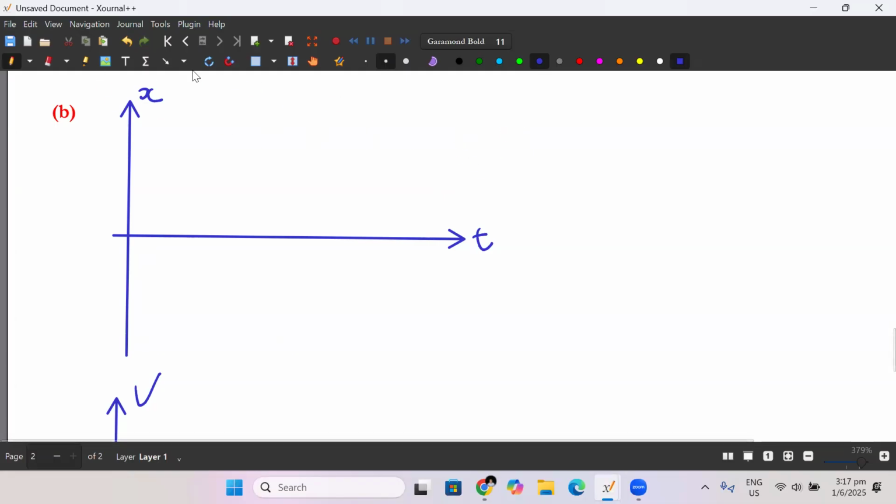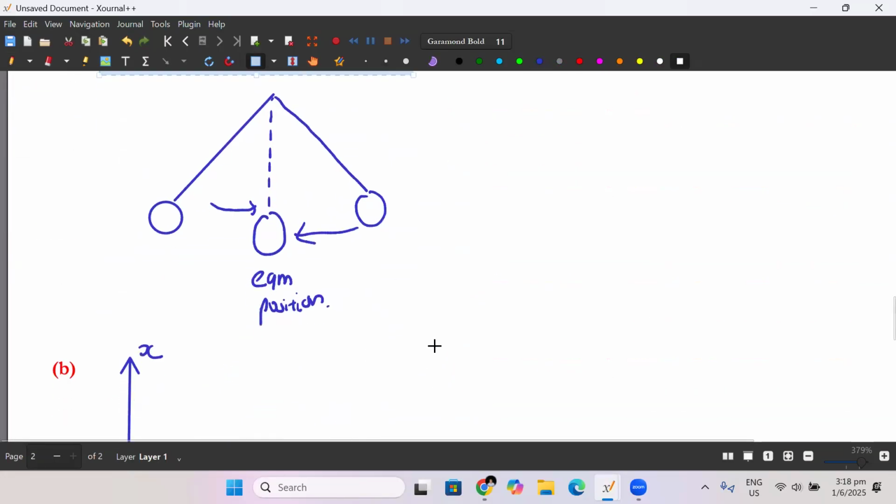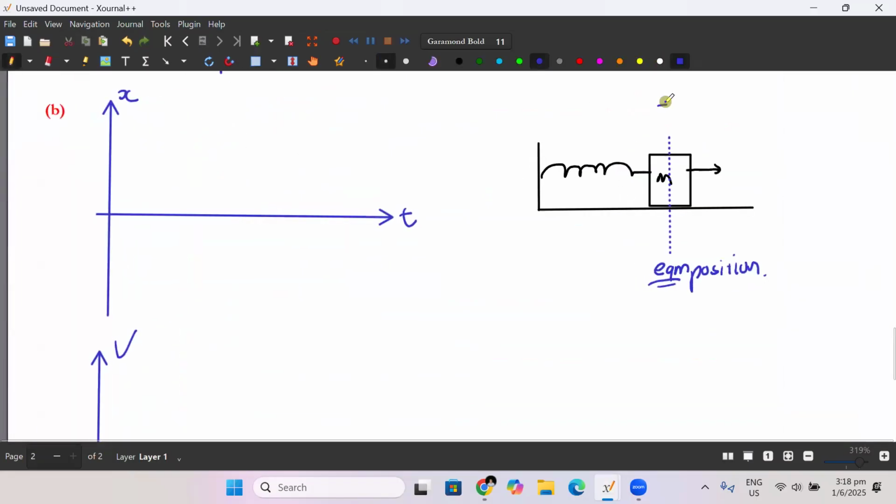So in this example, oh, so convenient. I can drag my drawing here. Let's say I have this. This is my equilibrium position, in metres. And let's say this is time zero. So at time zero, it's at the center. Let's imagine that, and assume it is already oscillating.